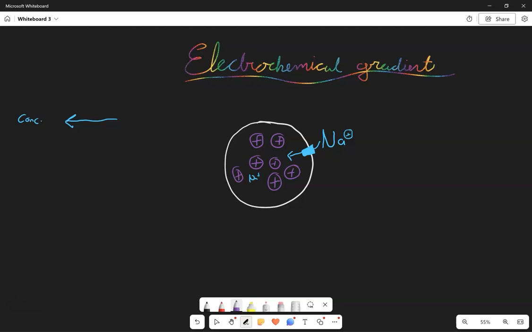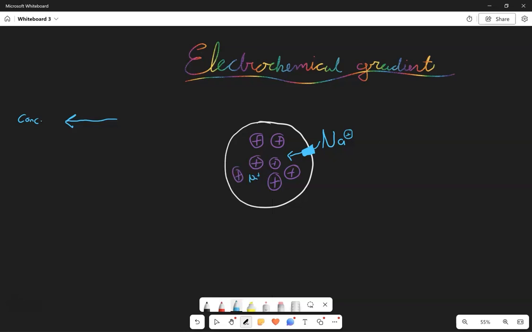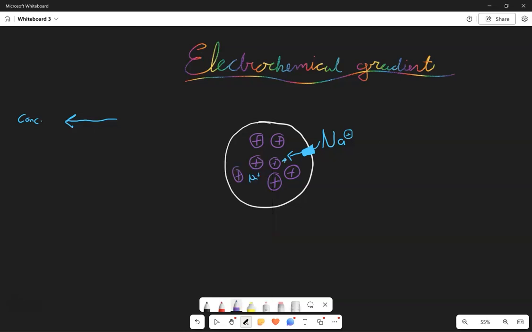How do you think that might interact with a positively charged thing trying to come into the cell, like our positively charged ion? Well, those two things are going to repel each other, right? That positive charge inside of the cell is going to repel the positive charge of the ion. So in actuality, there's also a force acting in this direction, right? And this is based off of charge, okay?